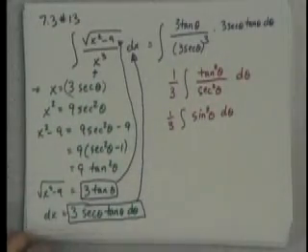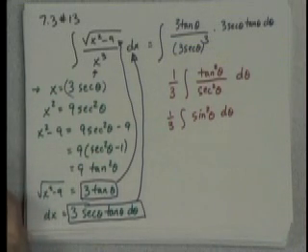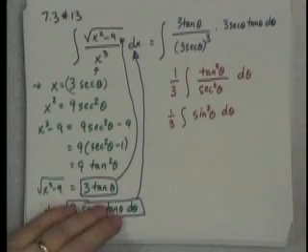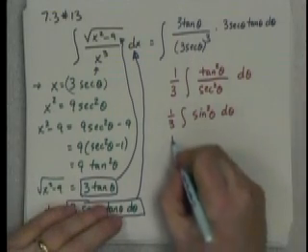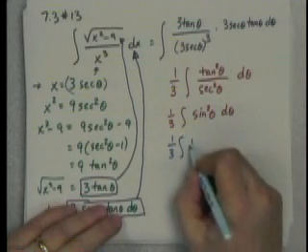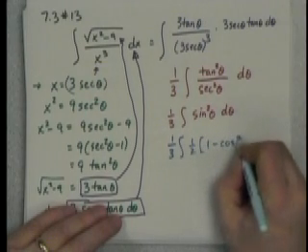And then to do the sine squared, this is one of those ones that you might want to write on your note sheet. Sine squared or cosine squared, we're going to use a double angle formula. This becomes 1/2 of 1 minus the cosine of twice the angle.